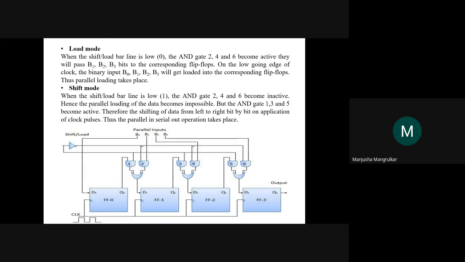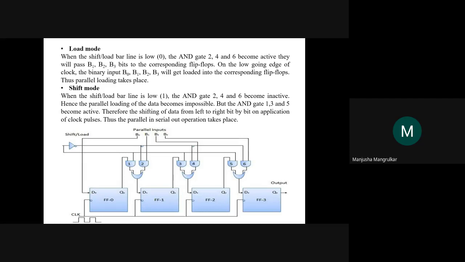So this B0 data will come here. Q3 already has data, and Q2 has data because it was loaded in the first case, and in the second case the shift mode is 1. So these AND gates 2, 4, 6 are inactive, right?